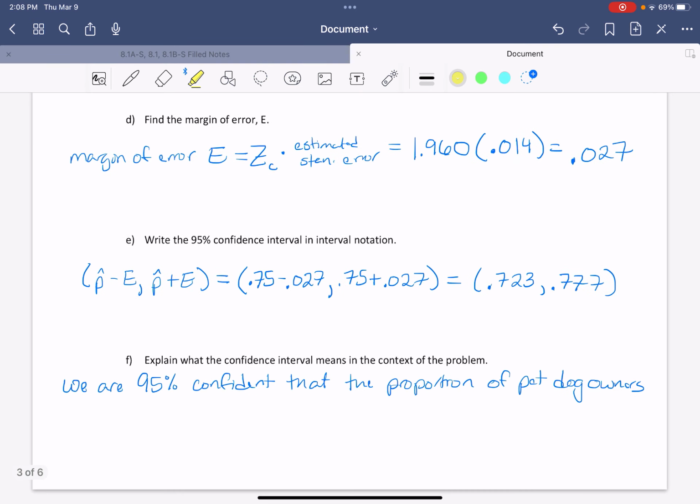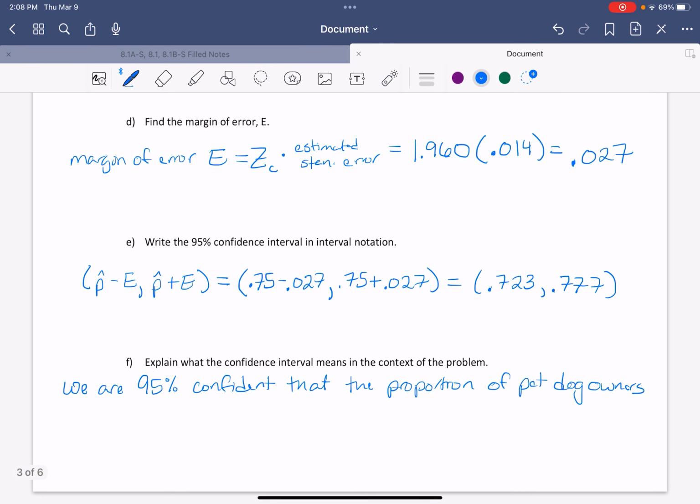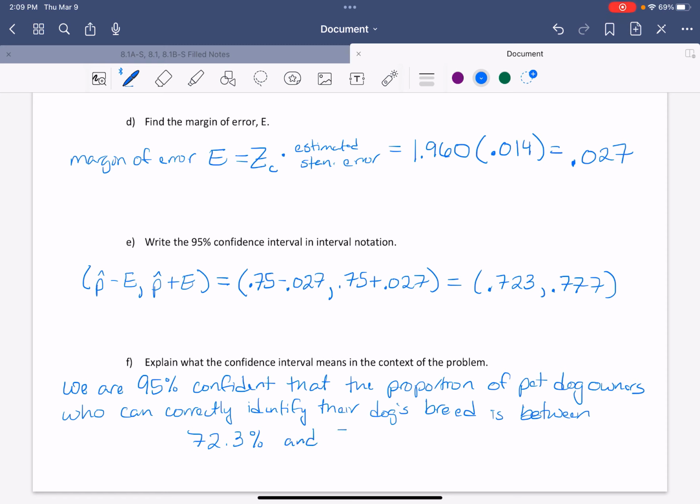We are 95% confident that the proportion of pet dog owners who can correctly identify their dog's breed is between, and I'm going to rewrite our confidence interval in percent form, 72.3% and 77.7%.